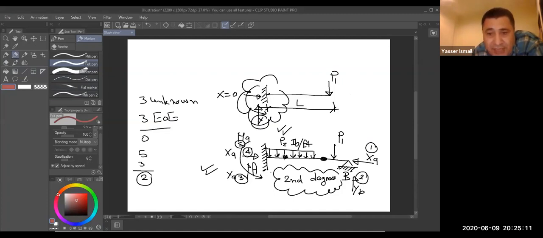That means sigma moment at this point, A, B, C, D. Sigma moment at C equals 0. Sigma moment at D is equal to 0. Here are 2 equations. That means I now have 5 equations. 5 minus 5 is equal to 0. That means this system now is statically determinate.